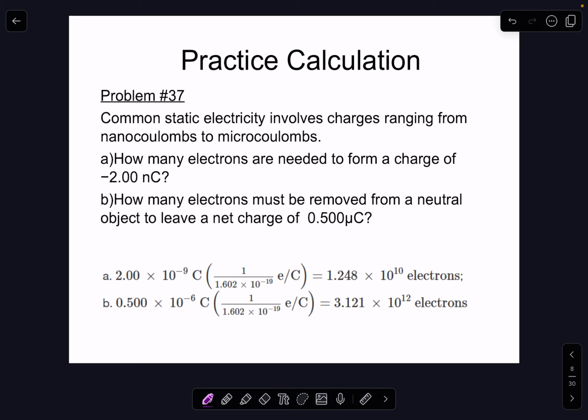Now I took this right from your textbook here. So we have 2 coulombs, and then we're dividing by the charge per coulomb in order to get how many electrons we would need to get that charge. Okay, notice that our nano is 10 to the negative 9 regular coulombs. Our micro is 10 to the negative 6 regular coulombs.